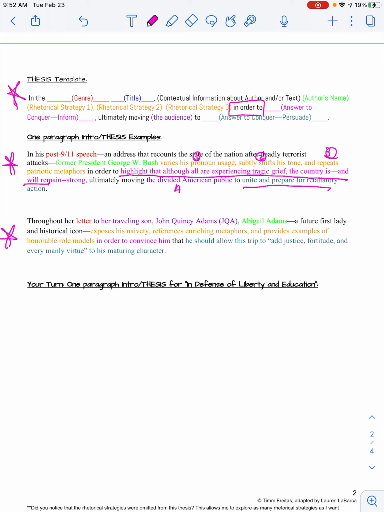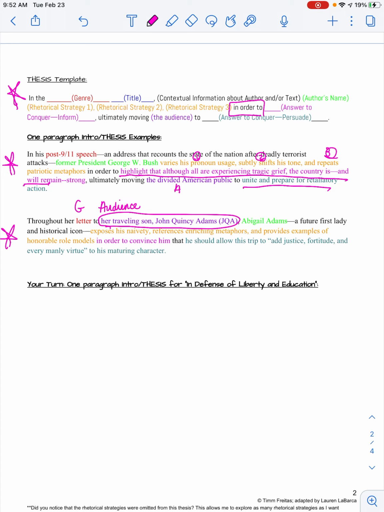So some things are a little flipped around in this example, but it follows the same format. It's just that because this doesn't have a title, right, the audience is here instead. So if there's no title, we go genre audience.